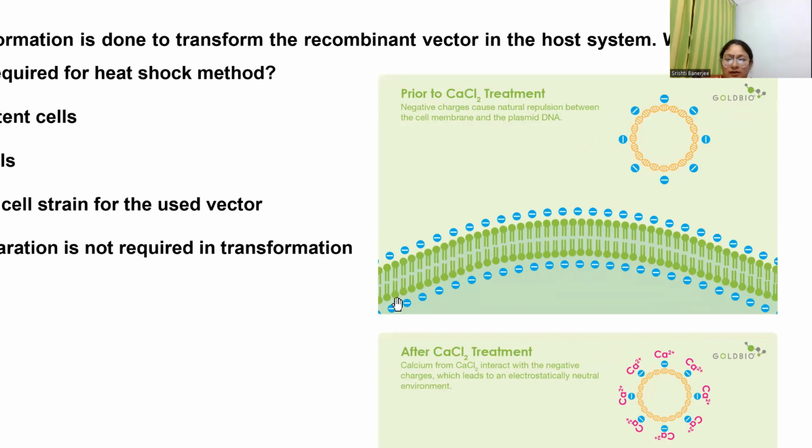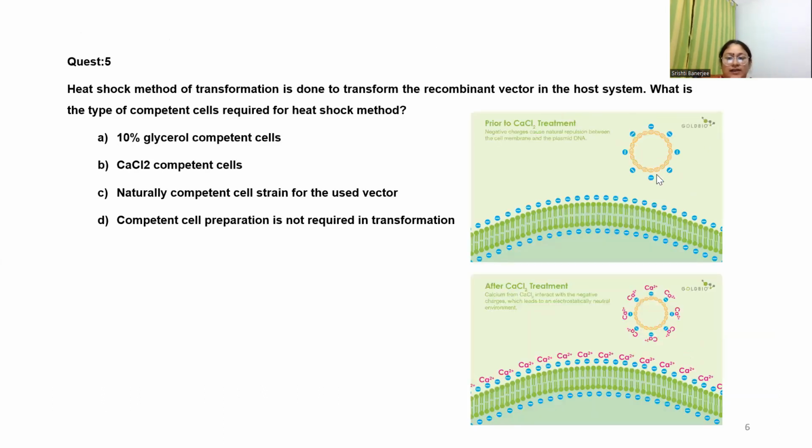The cell membrane or outer membrane in the bacteria is also negatively charged because of the lipid bilayer. Lipid also has phosphate in it, so both of them are negatively charged. The negative charge of DNA and the negative charge of the membrane will repel each other. So how will the DNA get in? We need to find a way to get past this barrier and get inside.